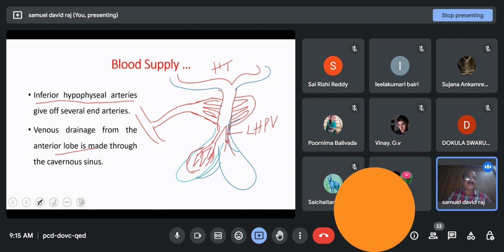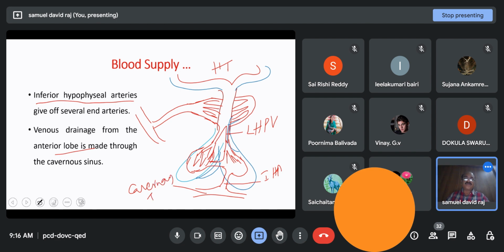So here these two are said to be forming two capillary networks again. These capillary networks are joined with the inferior hypophyseal arteries, from which the blood comes out through the cavernous sinus.